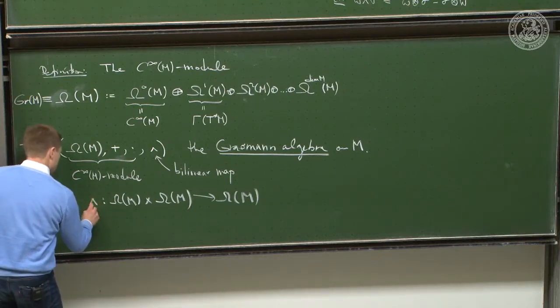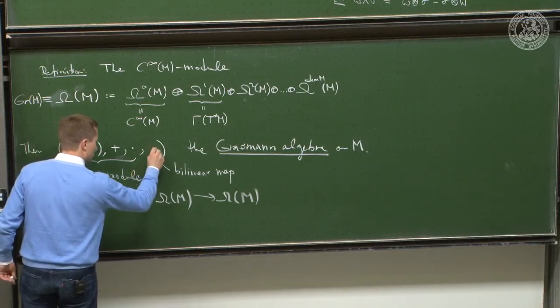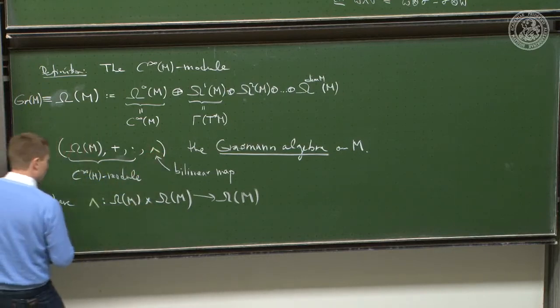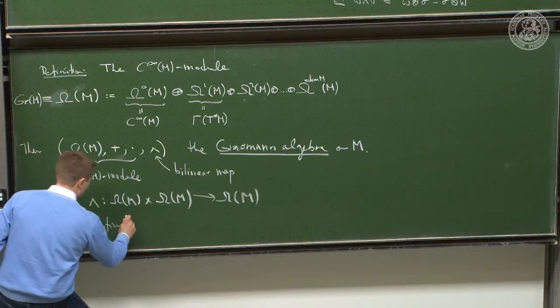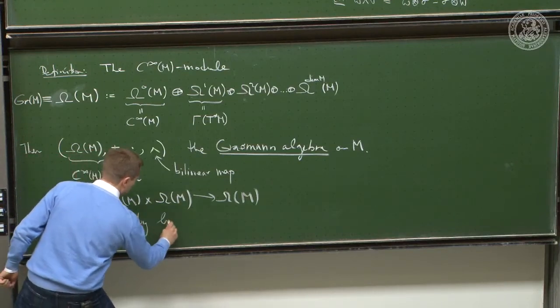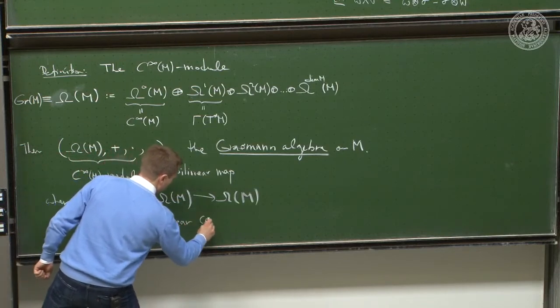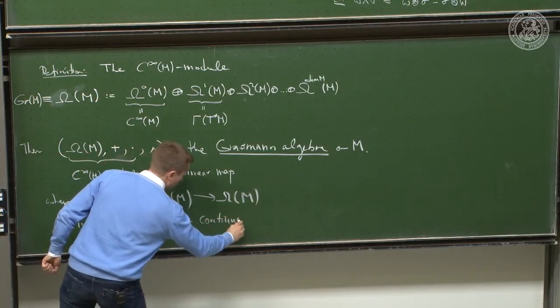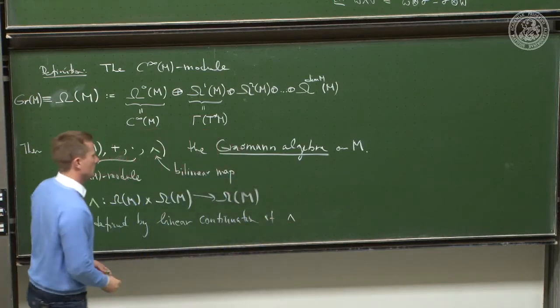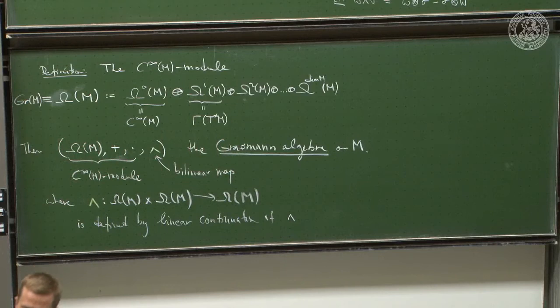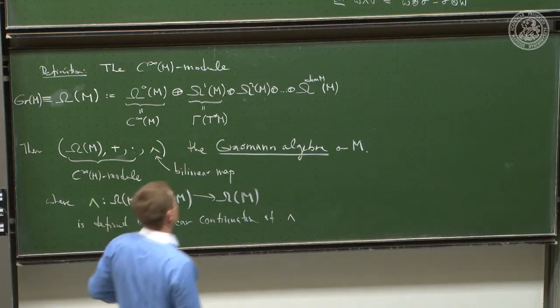But that says that this is defined by linear continuation of the old wedge. And that simply means you take a general element.